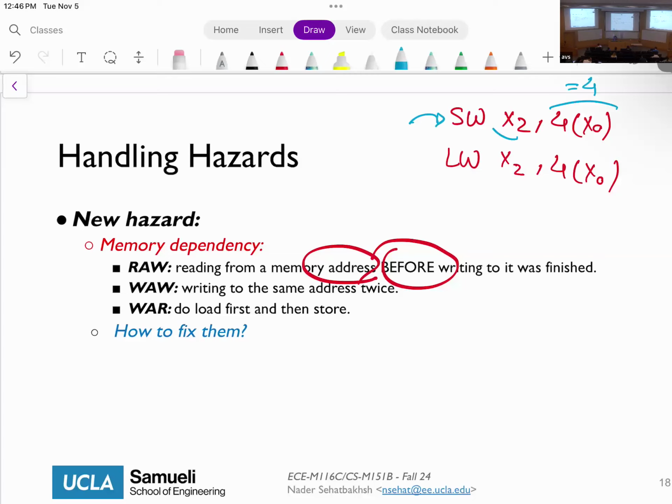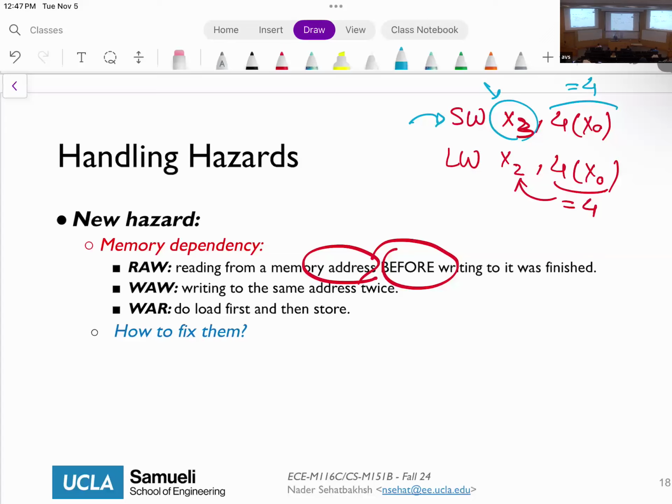It's writing the value of x3 to address 4. The load is reading from 4 and writing it to x2. In other words, x2 should get the value of x3 in this case, right?